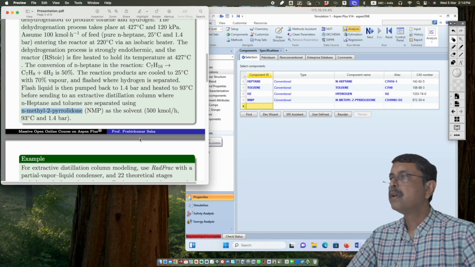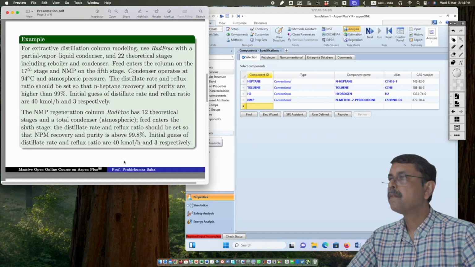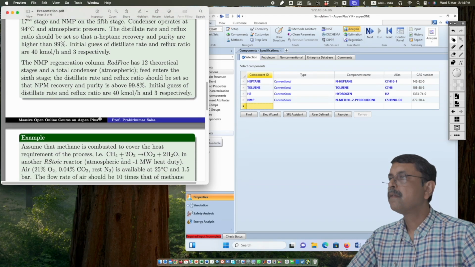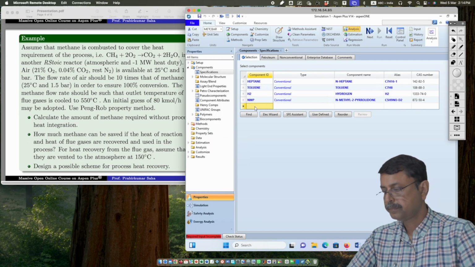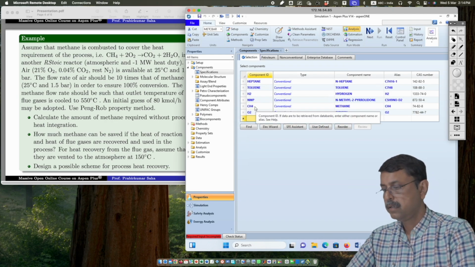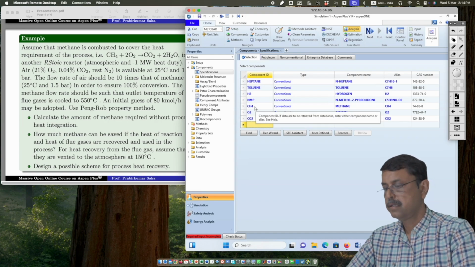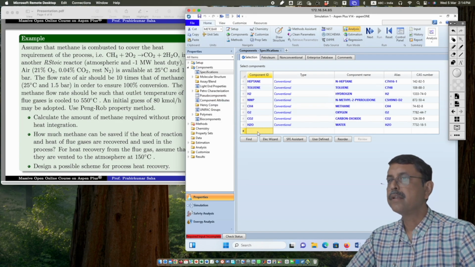Okay. Then the next one. Here we do not have anything else. Here we have methane, oxygen, carbon dioxide, water, and nitrogen.